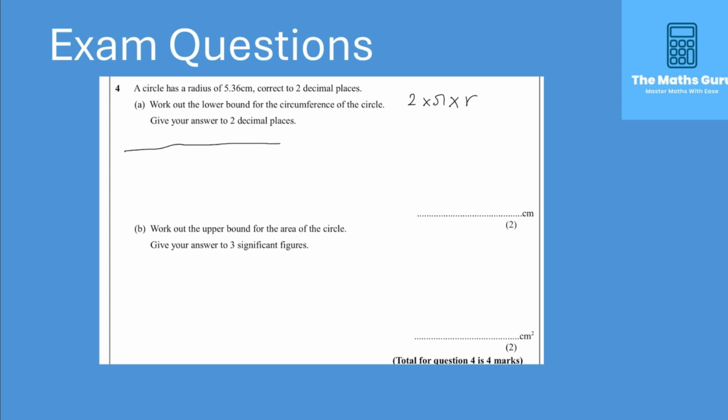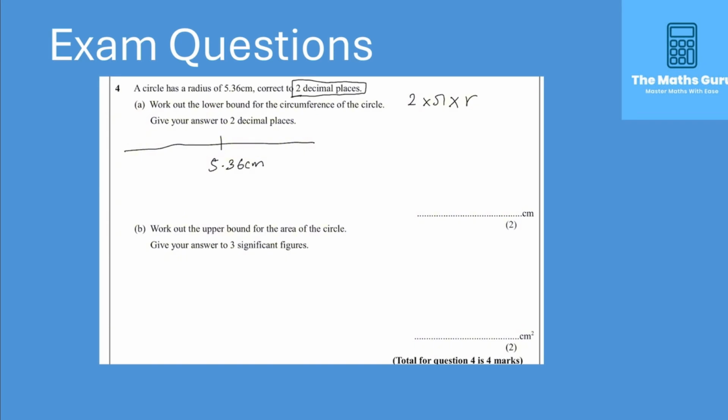First of all, we're going to have to draw our error interval timeline to get 5.36 centimeters in the middle. Then we notice that it's correct to 2 decimal places, right?